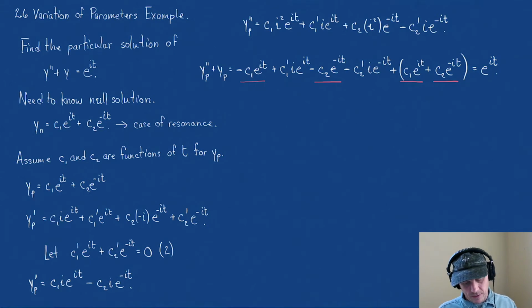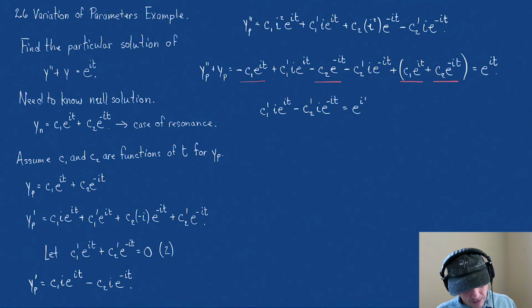And so what I'm left with is C1 prime i e to the it minus C2 prime i e to the minus it equals e to the it. And that's our equation 1.